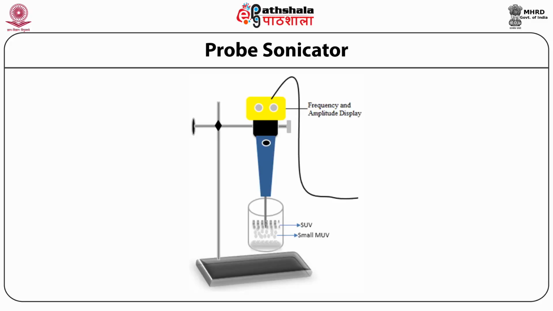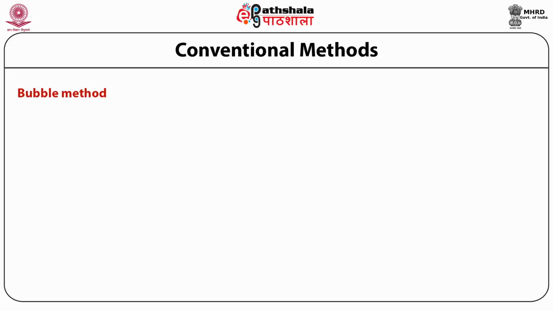To form the niosomes with a probe sonicator, we need a vessel in which we add the components and subject them to sonication. Usually, small multilamellar vesicles are formed at the bottom and small unilamellar vesicles are present as a supernatant layer.